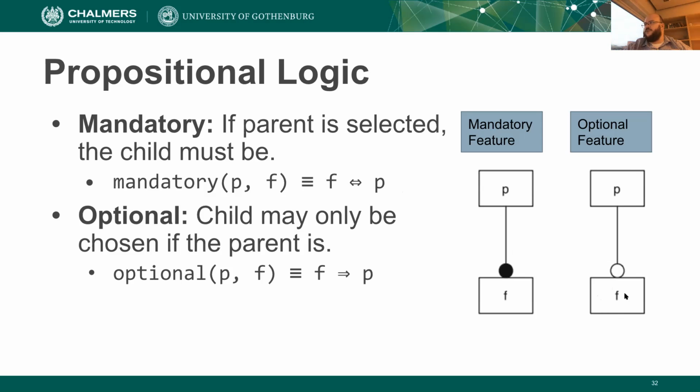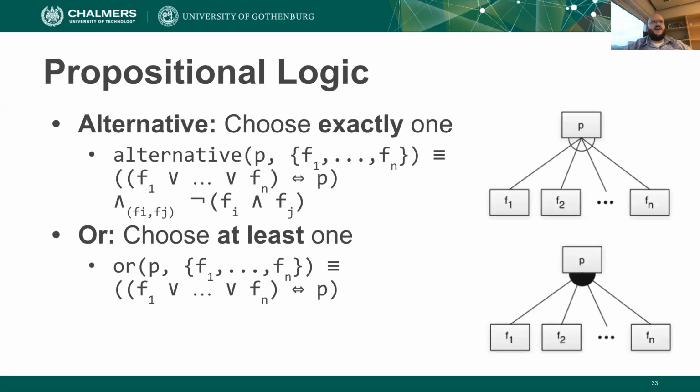We can choose to, but we don't have to. If we select F, however, we must have P. So you see this one-way arrow, that's the implication. If feature F is selected, feature P must be as well. And the mandatory is a two-way relationship. If F is selected, P must be. If P is selected, F must be as well. That's the difference between those.